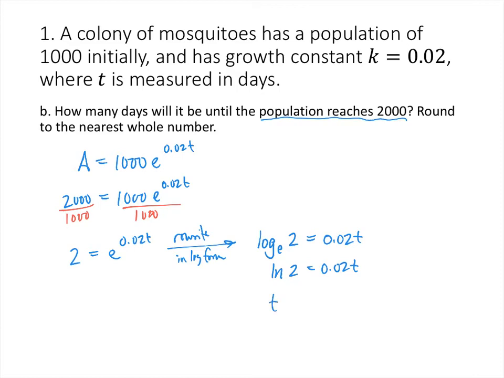Then to get t, we divide both sides by 0.02, so we get ln of 2 divided by 0.02. Putting that on our calculators gives us 34.657. We're told to round to the nearest whole number, so that's approximately 35. In this case, that was t, so this is 35 days.